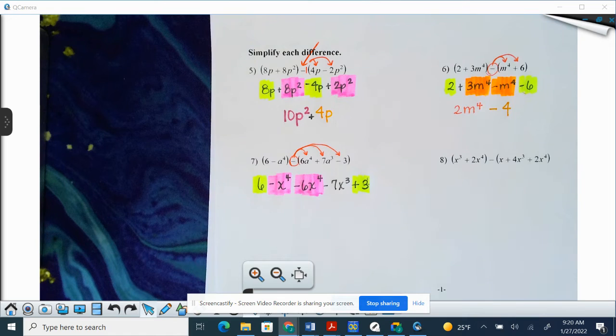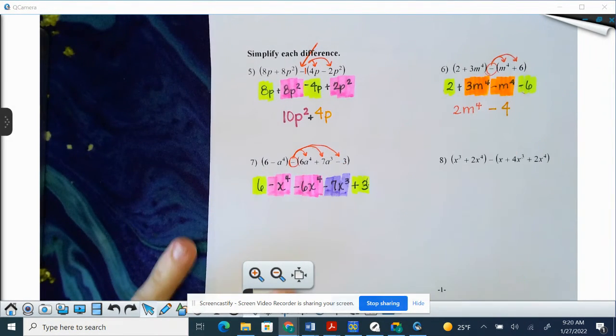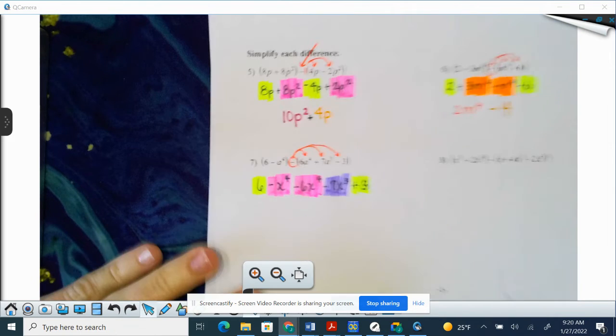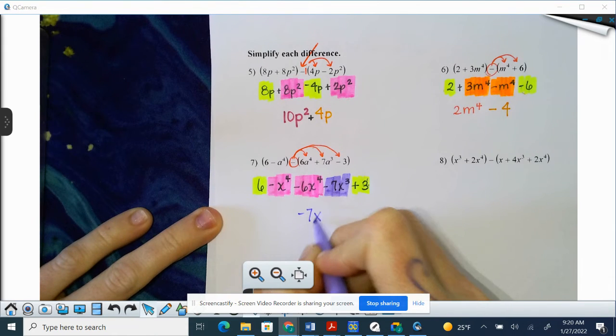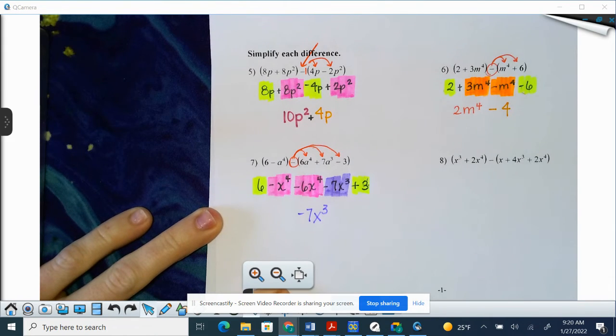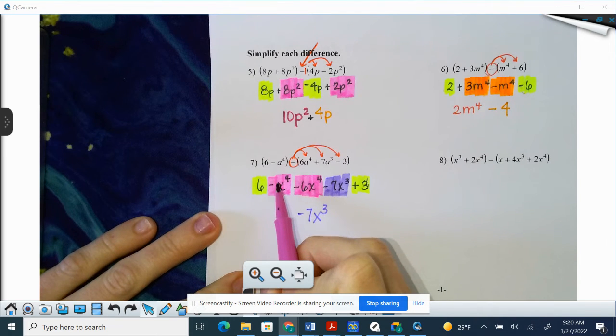And then we have negative 7x to the third. So we're going to write that out. In the event that you see the negative 7x to the third, and that's exciting because there's nothing there, that's fine. Start there. But we know who goes in front is x to the fourth because the highest exponent goes to the front, lowest at the end. So we're lining them up, tallest to shortest, like picture day. So we have x to the fourth, negative 1, negative 6.